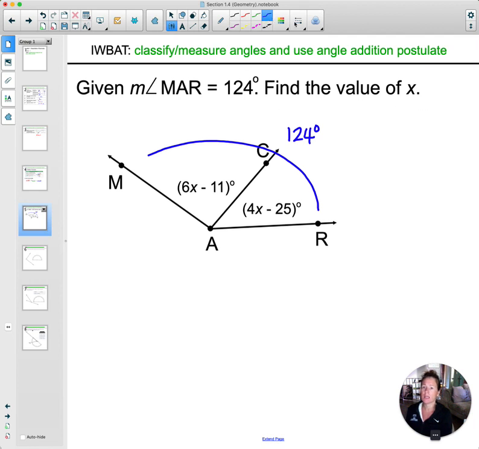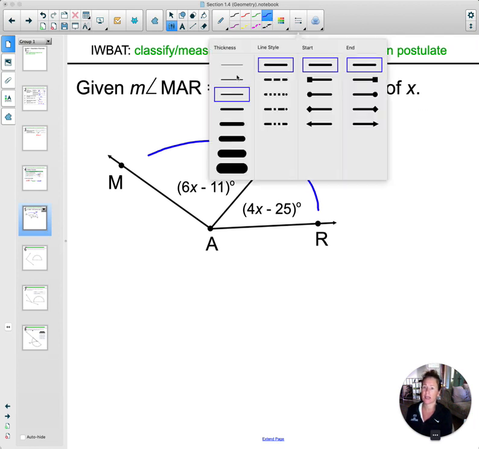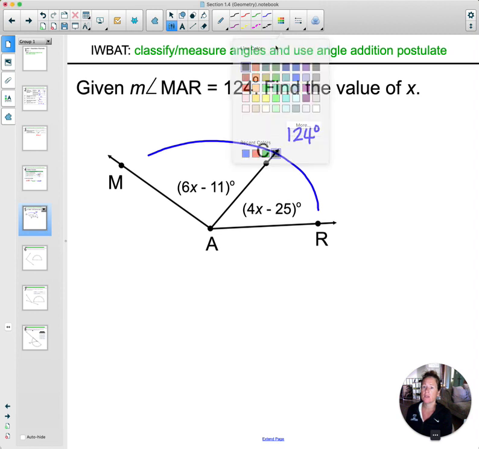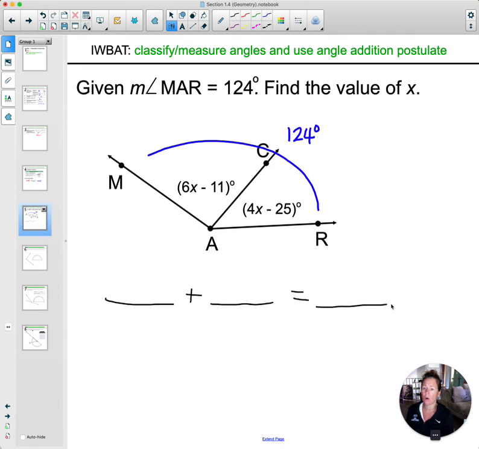So we're going to write an equation here to put these together, because we see this chunk over here for angle MAC, or CAM, you can go backwards, and then this 4x minus 25 for angle CAR. So piece plus piece equals the whole angle.